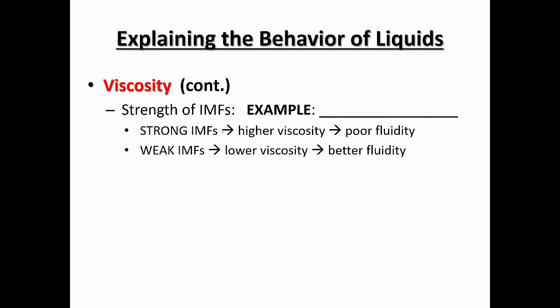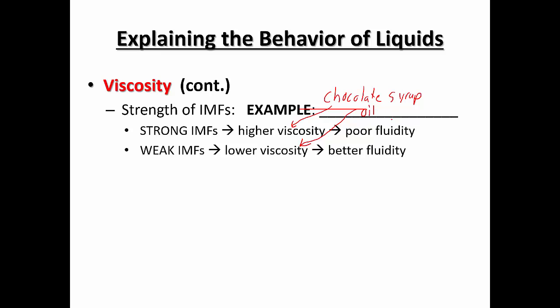Strong IMFs could be like chocolate syrup, which would be an example of a high viscosity, where oil would be an example of a low viscosity.